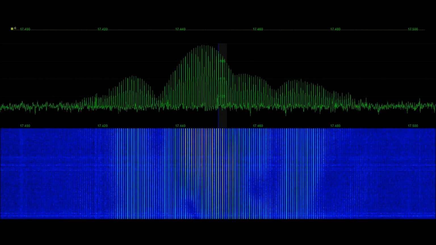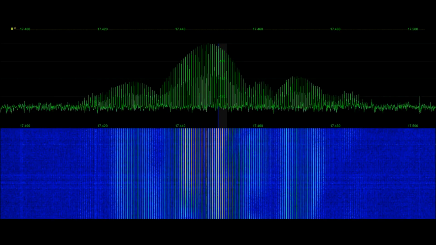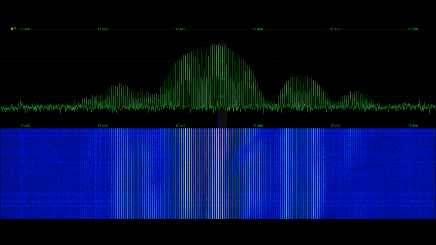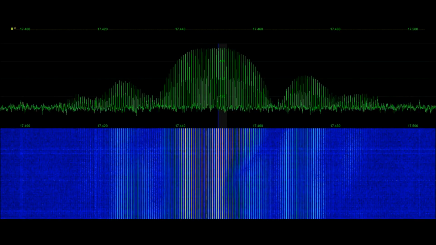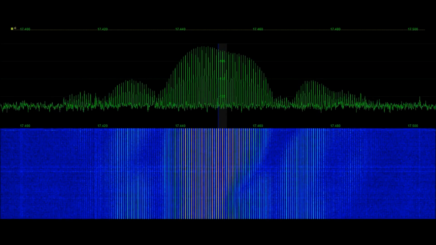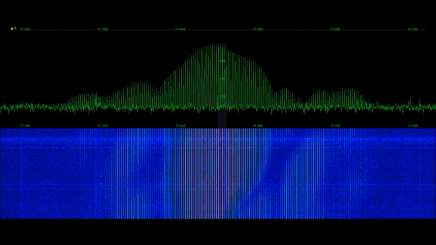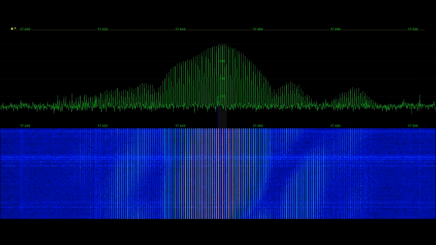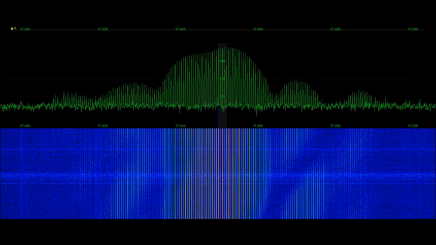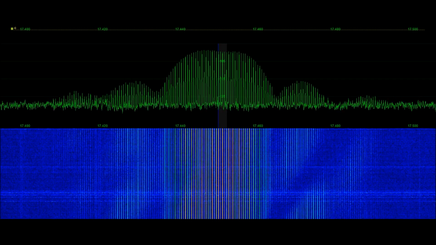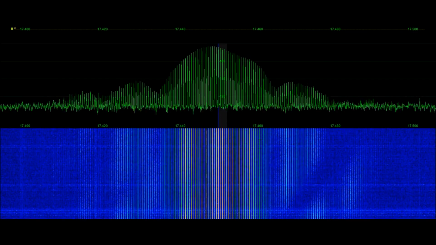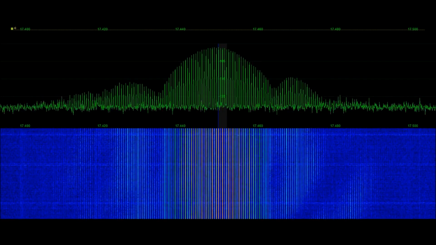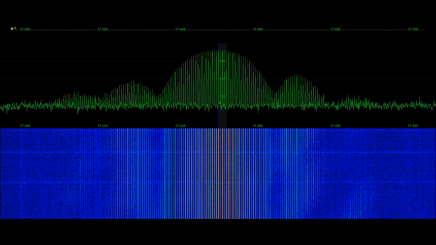Well, let's talk a little bit about what we're seeing. This signature, as it's being developed, starts out as a single carrier, and the single carrier is then put through what's called a radar pulse train. And this radar pulse train is in the form of a square wave. So it takes the fundamental carrier, and then it produces all of the odd harmonics in addition to the fundamental carrier.